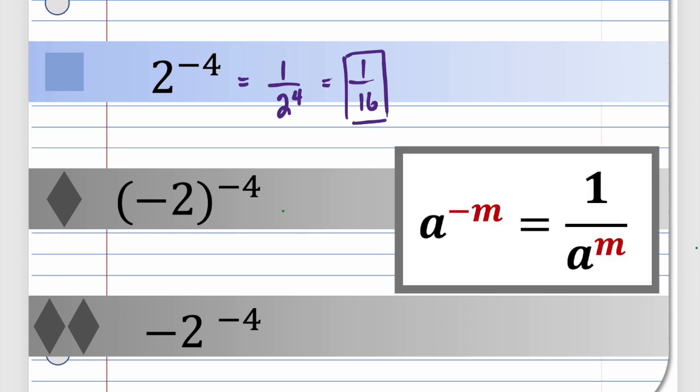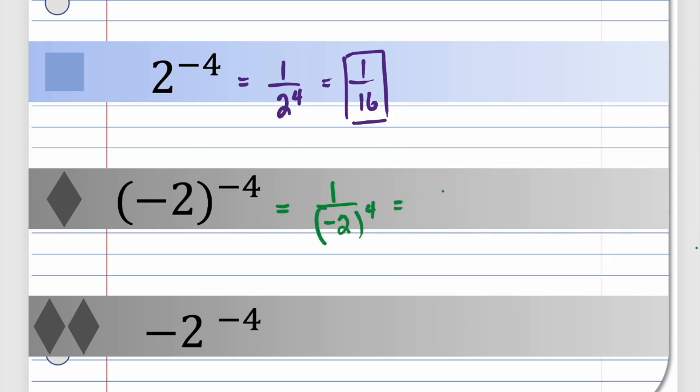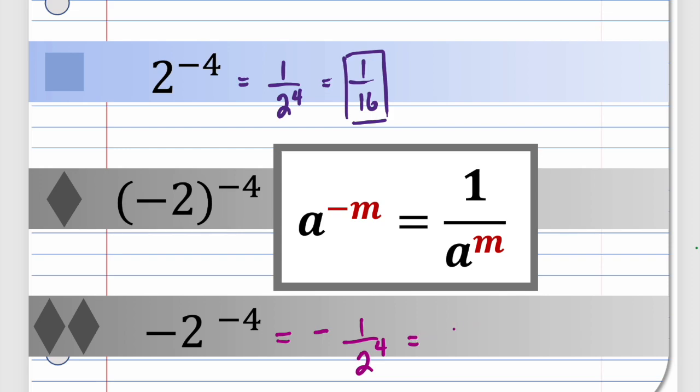Negative 2 to the negative 4 is 1 over negative 2 to the 4, which is 1 over 16. And the last one, keep the negative, send the base down, change it to a positive, which results in negative 1 over 16.